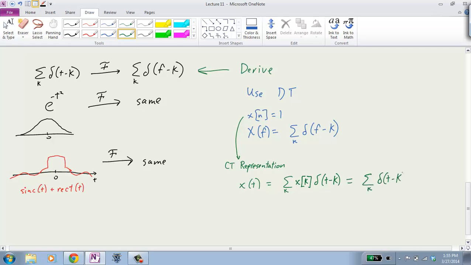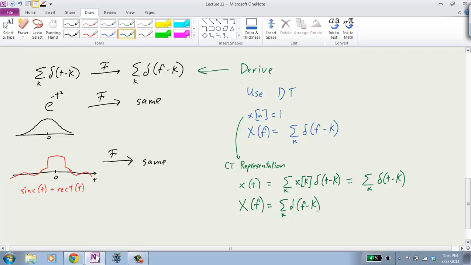So you can think of this train of delta functions as a discrete time constant function that's been converted to continuous time. And then voila, by what we know about this conversion process, the x of f does not change. And we have our answer there.